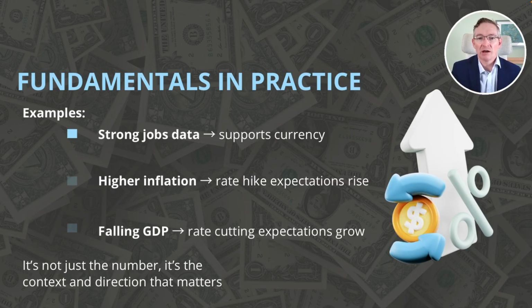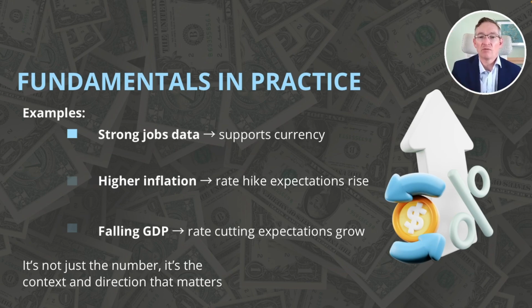Here's another one, higher inflation, right? If the central bank says we're concerned about high inflation and we don't want to see it moving higher, then all of a sudden you have a high inflation print. What's that going to do? Increase expectations that the central bank is going to hike interest rates, and by hiking interest rates, it's in that contractionary territory, and you can expect the currency to rise.